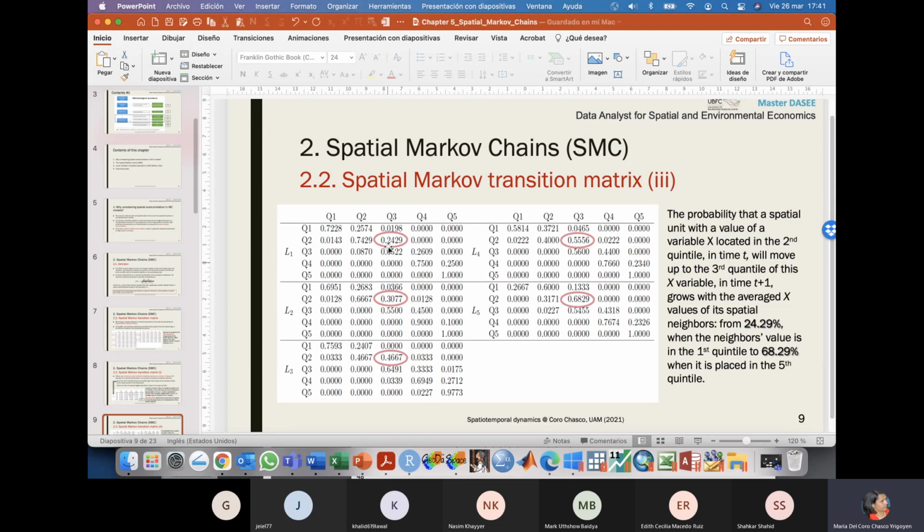And if you see, depending on the spatial neighbors, if a city or a spatial unit has neighbors that are in the first quintile, that are small in terms of population or have less income per capita or whatever, the probability of jumping up, going from 2 to 3, grows with the spatial neighbors' size.